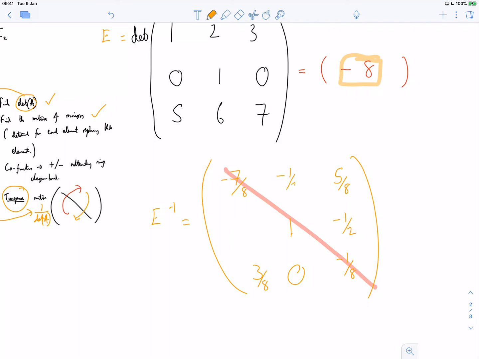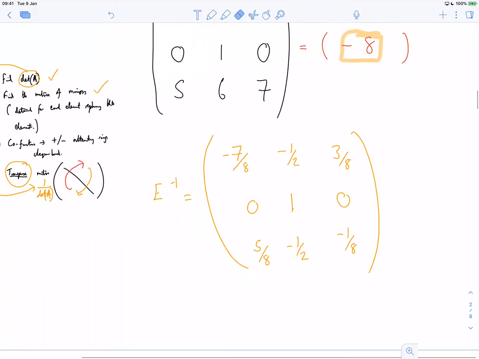So that's minus half and that's 0. The 3 and the 5 will swap, so that's 5 and that's 3. And then this should be 0 minus half. Like so. Right, apologies. That is the final matrix. Sorry, I completely forgot to do the transpose, the bit at the end.